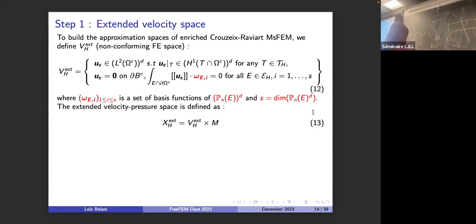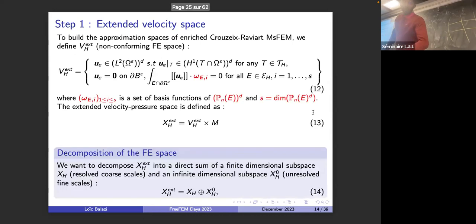And we call the velocity and pressure space XH extended. And now the goal is to decompose this finite element space into an unresolved space XH0 of infinite dimension and a resolved space XH of finite dimension that will be our multi-scale space.